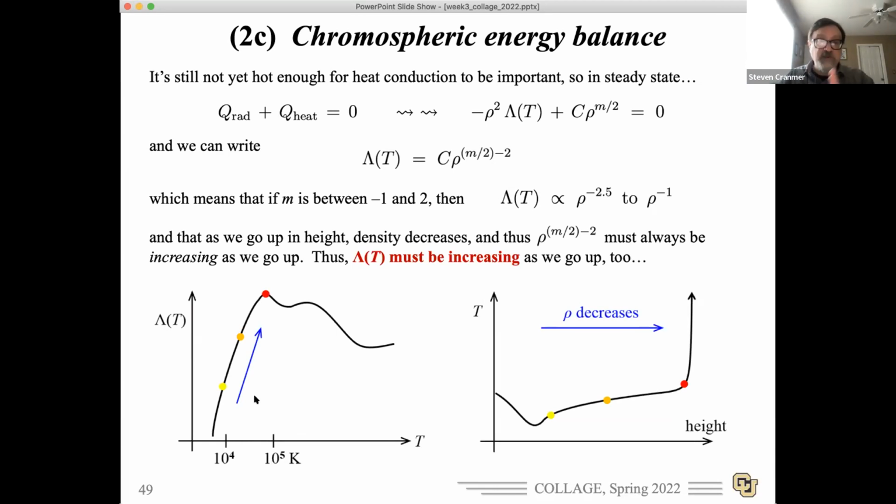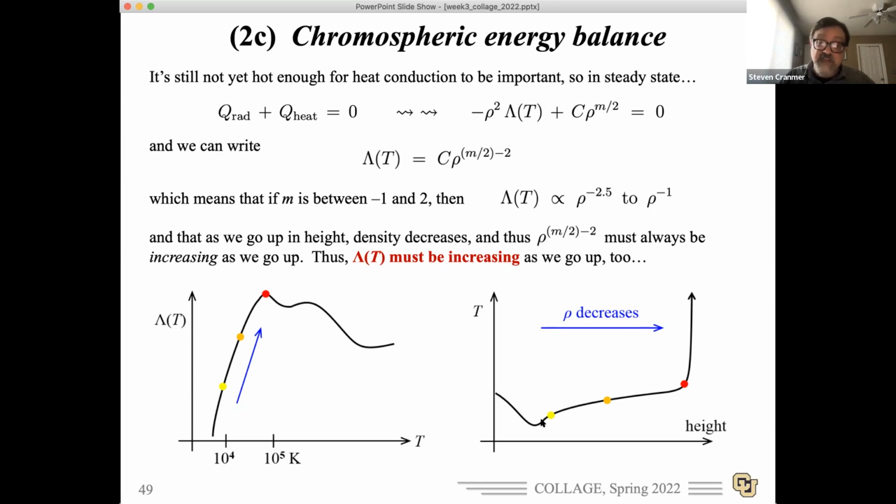So as you're stepping your way up through the chromosphere, if you want to keep this balance happening at each point, you have to increase the value of lambda. If you're on this left side, that means you're also increasing the value of the temperature.